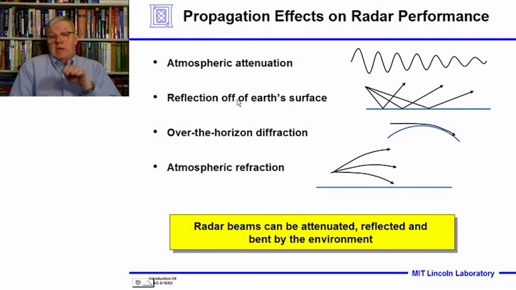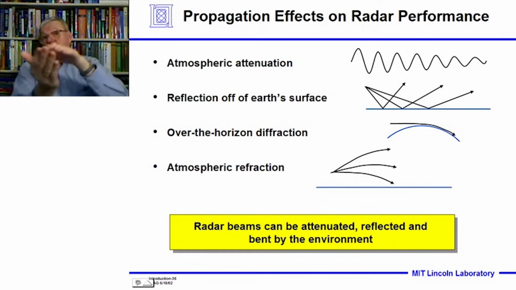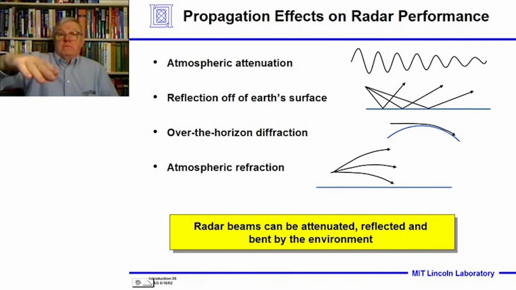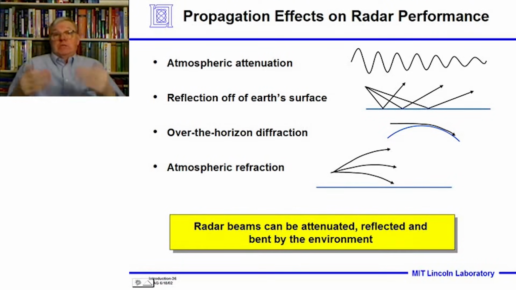Also, some of the energy from the beam can bounce off the Earth, come back up, and reflect up and interfere. You remember those waves, constructive and destructive interference. So that at some angles you'll have an increase in propagation, they'll constructively add, and some they'll destructively. You'll have a thing called lobing. We'll talk about that.